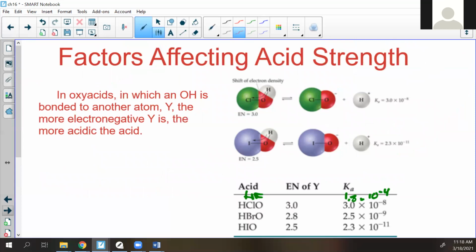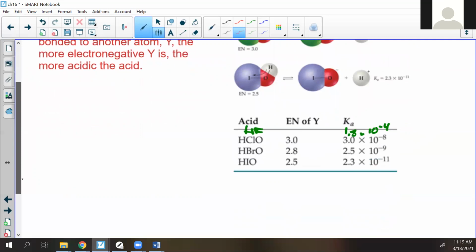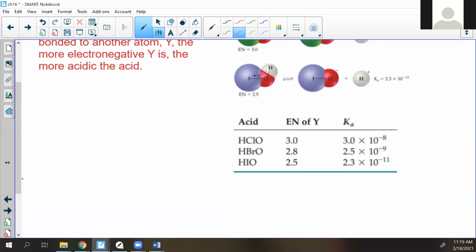In oxy acids in which an OH is bonded to another atom, Y, the more electronegative Y is, the more acidic the acid. So you're like, what does that mean? And these are not really tested, but I'm just reading it to you. The more polar the substance is, the smaller the Ka.